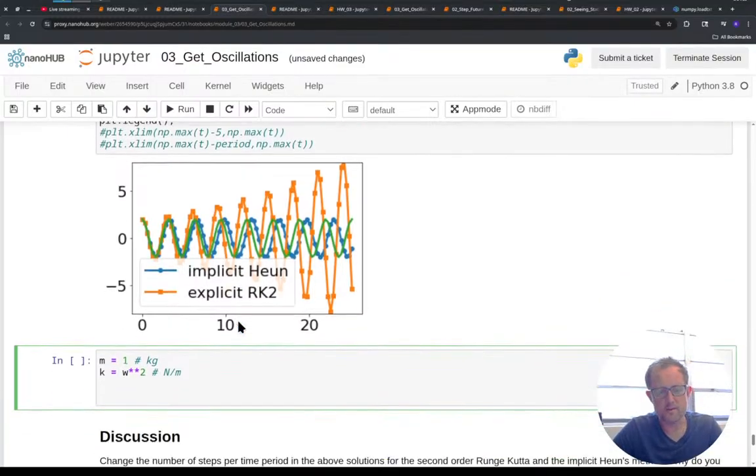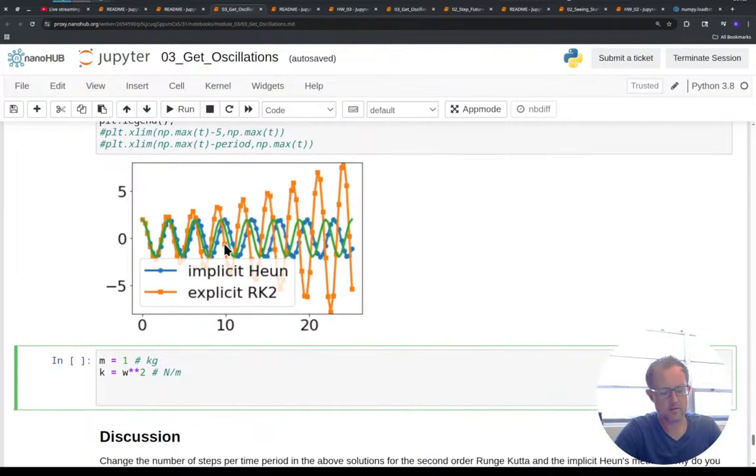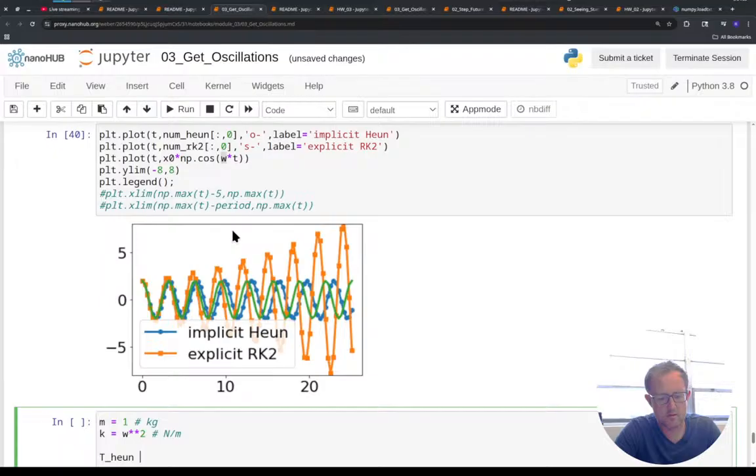And what I want to do is just look at the energy of these different plots. So the kinetic energy of my Hune is going to be 1/2 times M times num Hune bracket colon 1 squared.